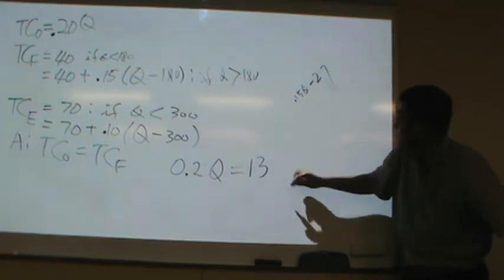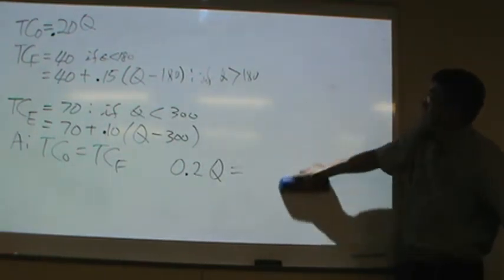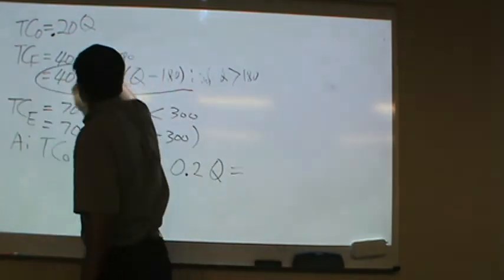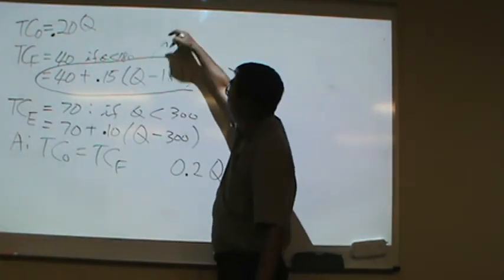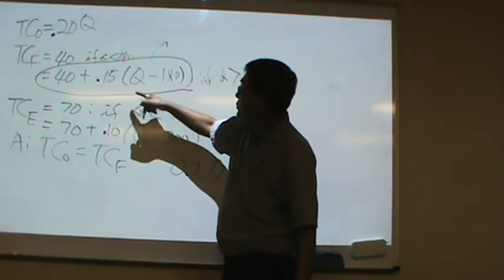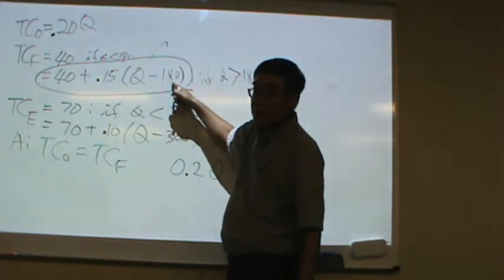Go back. Yeah, you lost me. This one, yeah, I'm with you there. 0.15 Q, 0.15 times 180 is 27.